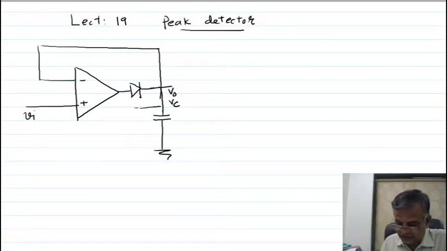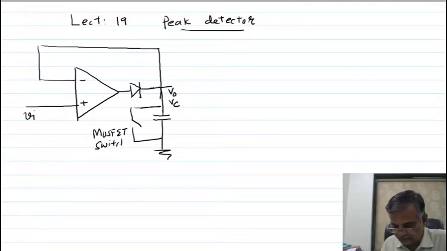The capacitor is connected to the MOSFET switch. We already know the MOSFET works as a switch. The input voltage VI is given at this point.